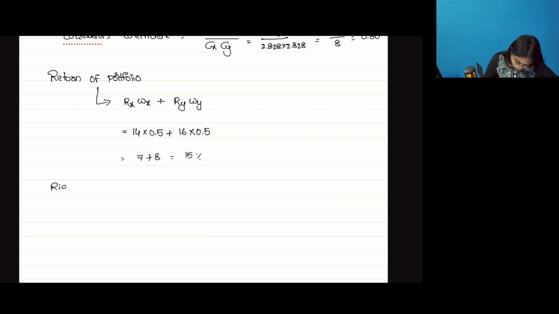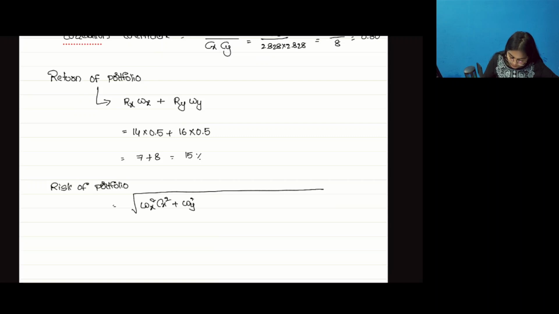Risk of portfolio equals square root of wx square sigma x square plus wy square sigma y square plus 2 wx wy sigma x sigma y sigma xy. Now in place of sigma x sigma y into sigma xy, we can also write covariance of x comma y.